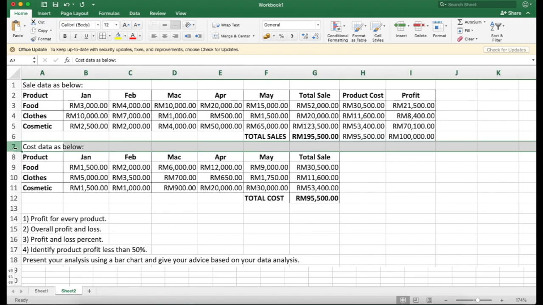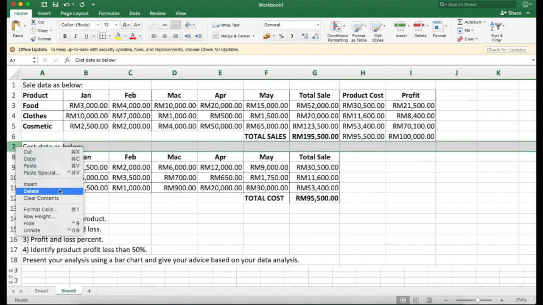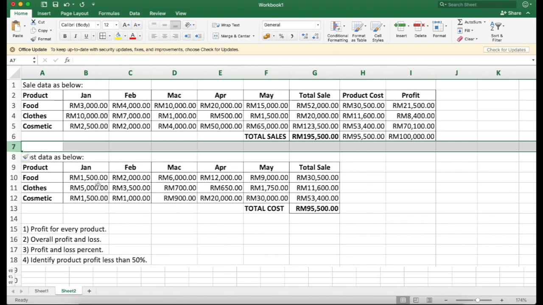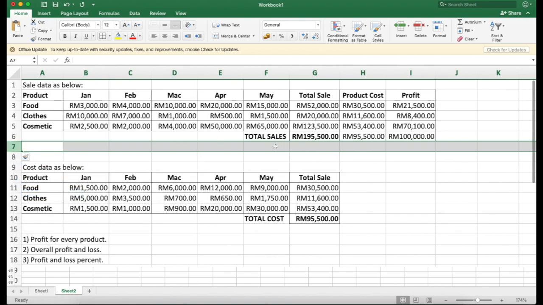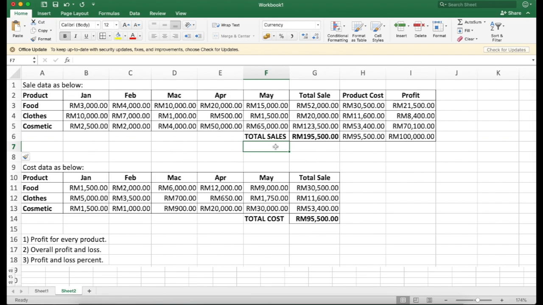So we need to insert another row, so it is easy for us to put in the overall profit. This thing is overall profit.